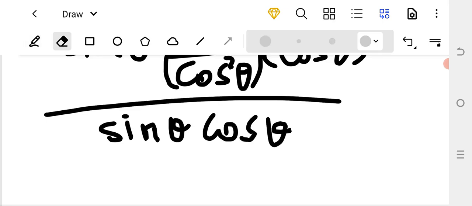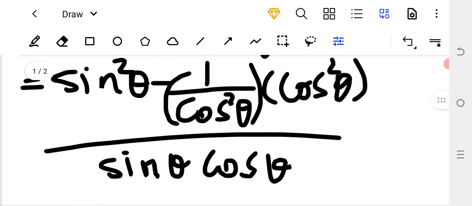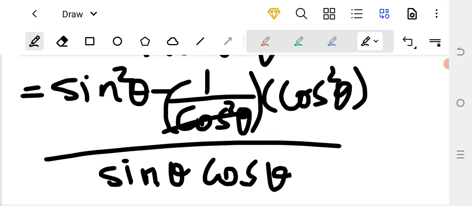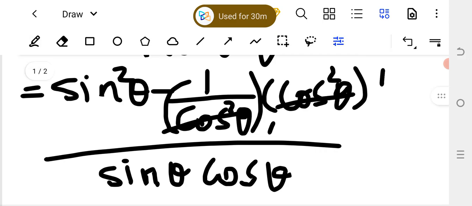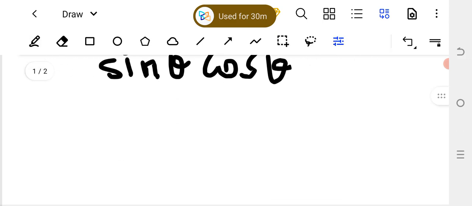We can see that the cos theta squared can cancel out there. We are going to have cos theta squared into itself is a 1, into cos theta squared, it's also a 1. And then we are going to remain with a numerator sine theta squared minus 1.